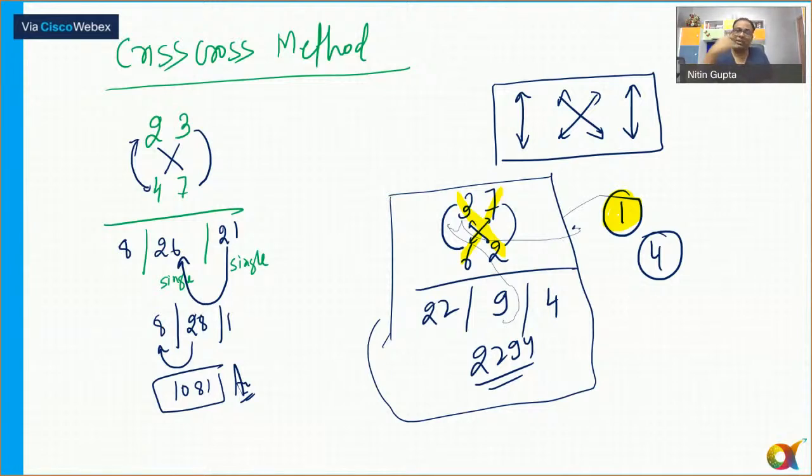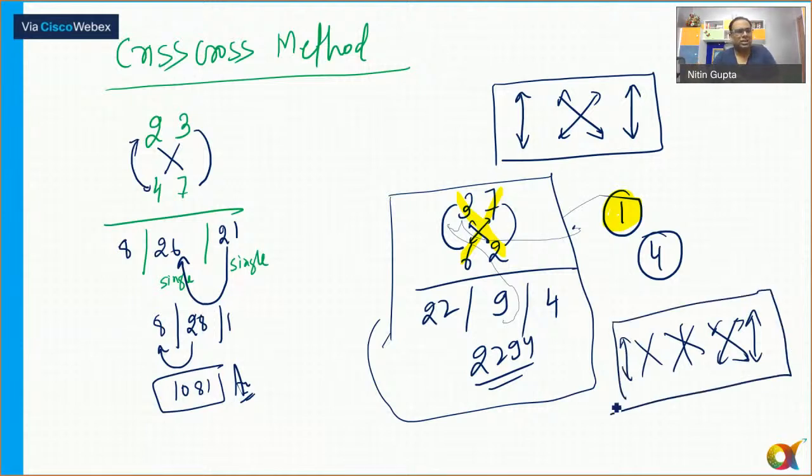But let me tell you one thing, even if I tell you the crisscross method for 3-digit numbers, there is hardly any use of that. Because for 3-digit numbers, your answer will be in 5 steps. Or if you search on Google, you can try to search the 3-digit number crisscross method.